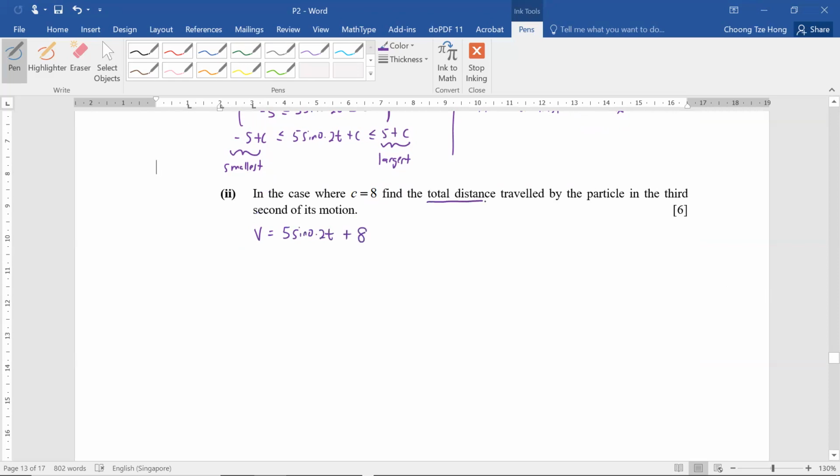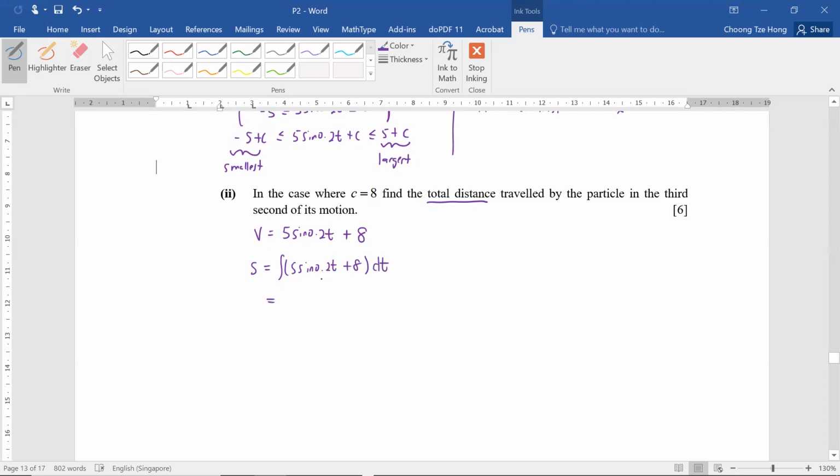Now we want to find the distance traveled in the third second of its motion. In order to do that, we need to find the expression for the displacement of the particle. So to get displacement, we will integrate velocity with respect to time.